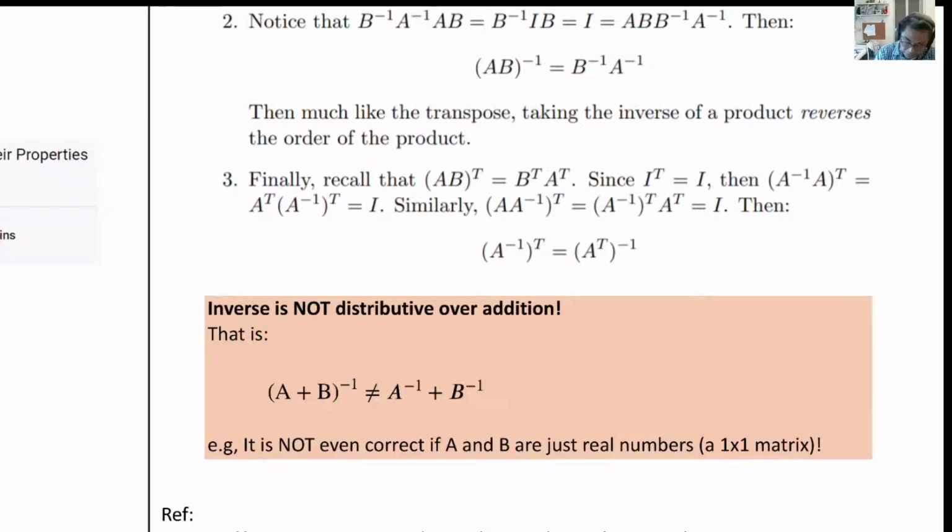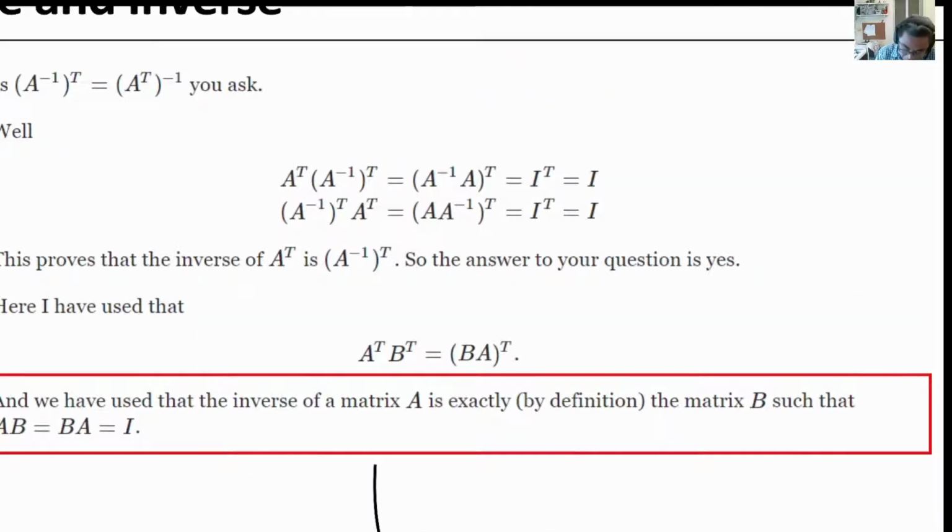Let's revisit the third property of inverse, where it was stated that A inverse transpose is equal to A transpose inverse. We'll begin with this expression first: A inverse times A transpose. Now, if this A inverse exists, A inverse A is equal to identity.